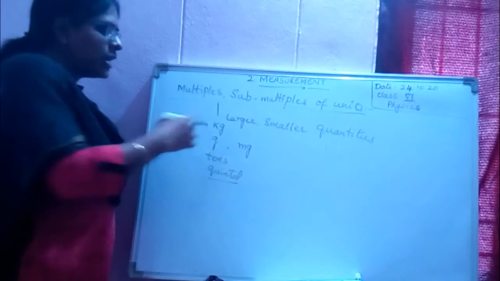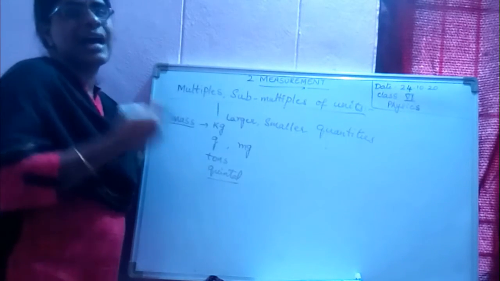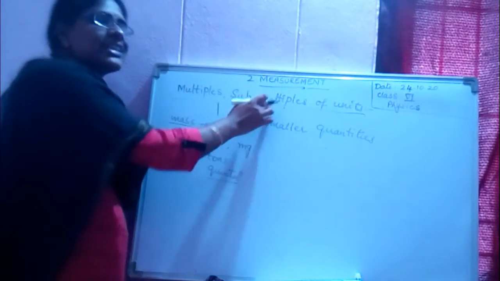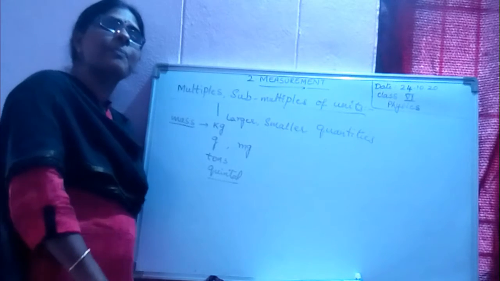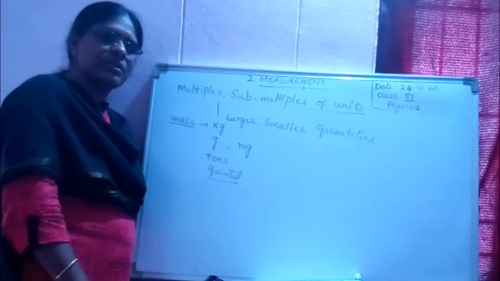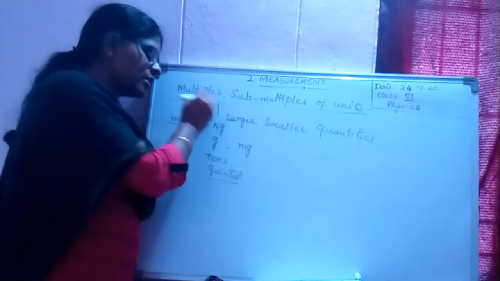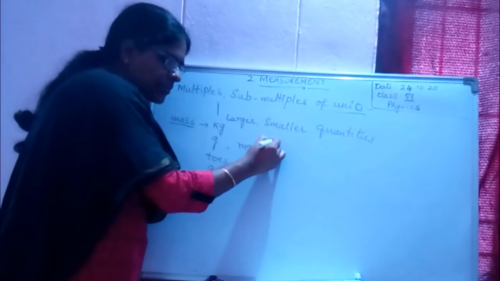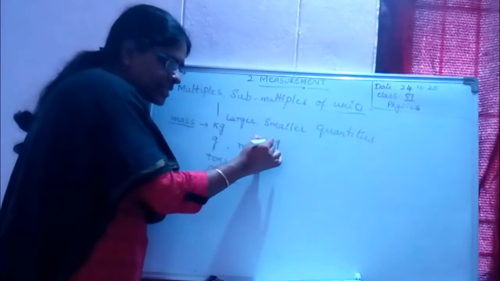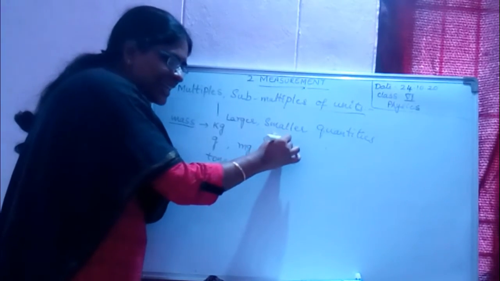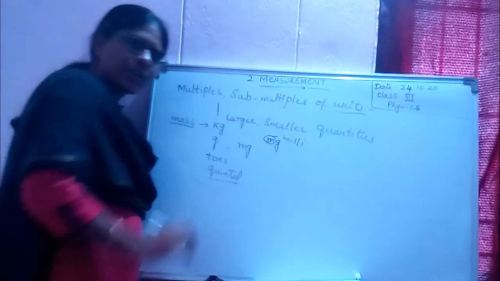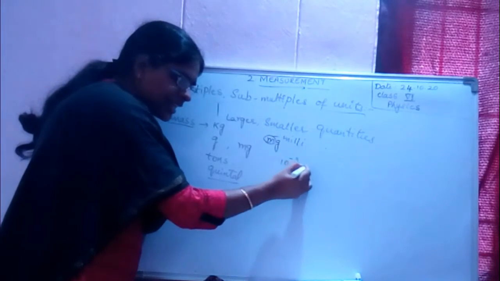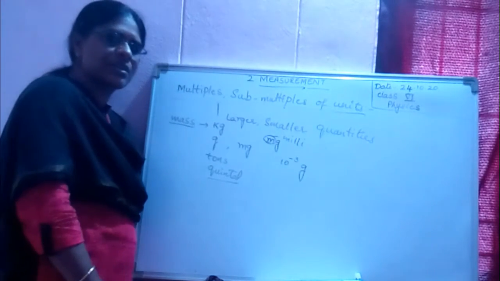In order to measure such larger or smaller quantities, we will use these multiples and submultiples. Whenever you say mg, m stands for milli, that is 10 power minus 3 grams.